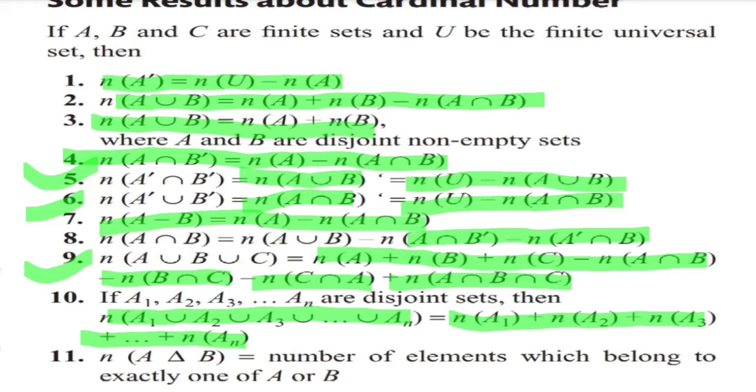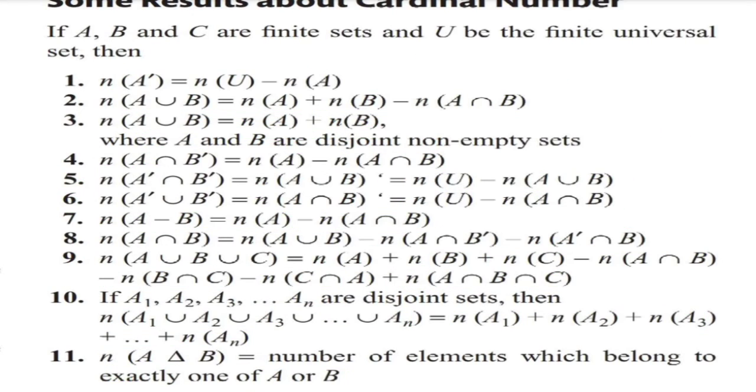Finally, the 11th one is n of A symmetric difference B, which is equal to the number of elements which belong to exactly one of A or B, right?